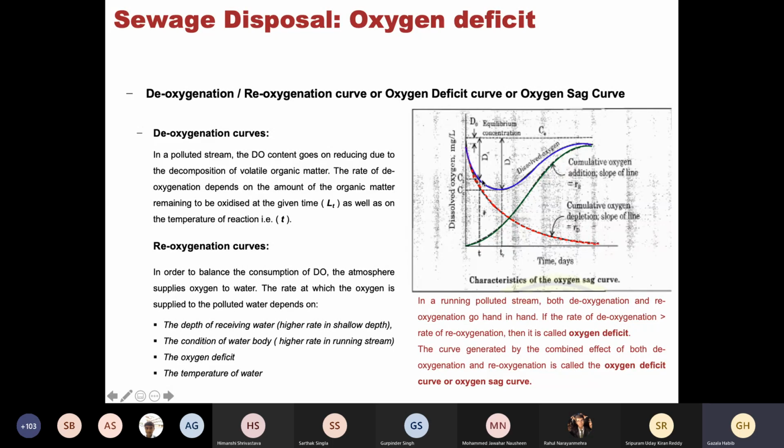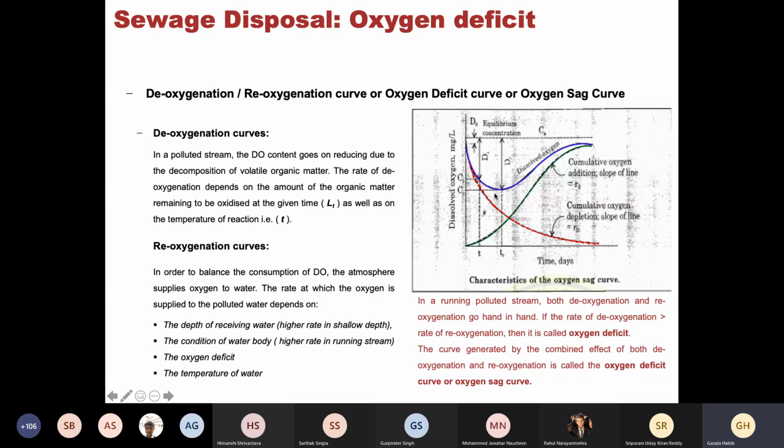So you can see after a certain time, when the deficit is maximum, there is no further, probably all the organic matter is degraded by the bacteria, maximum oxygen is consumed. After that, the reoxygenation rate is higher than the deoxygenation rate, therefore the deficit will decrease.